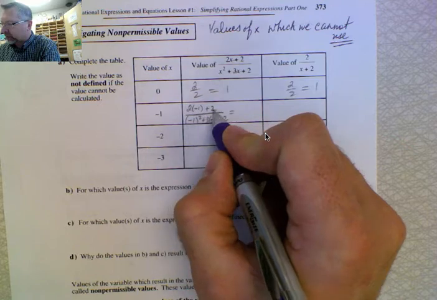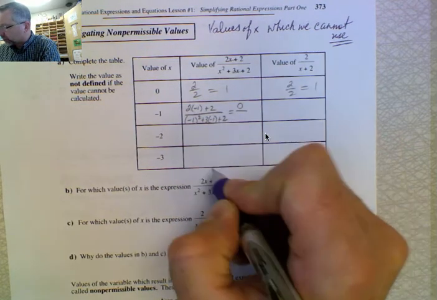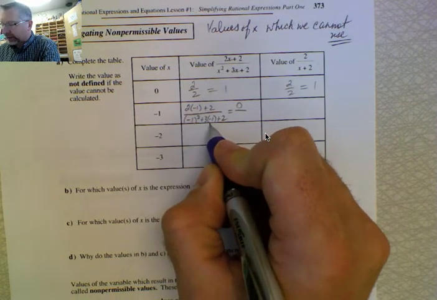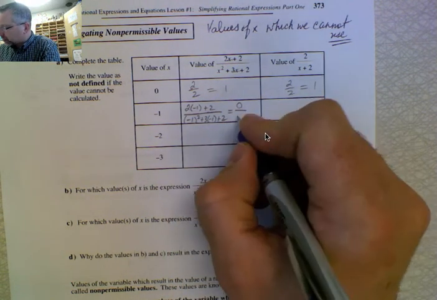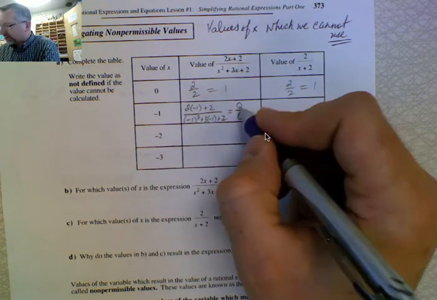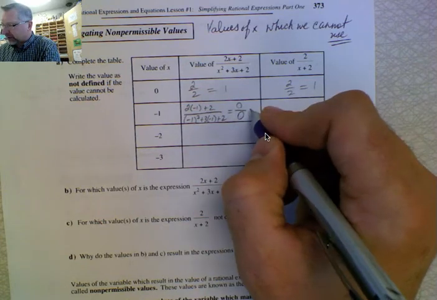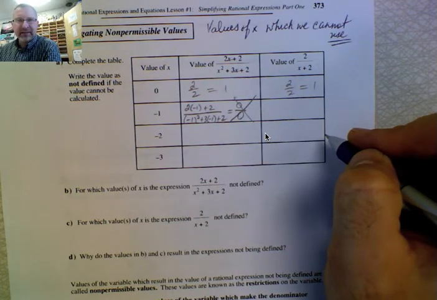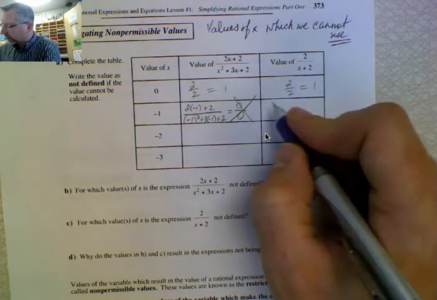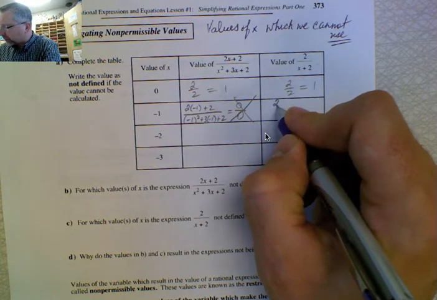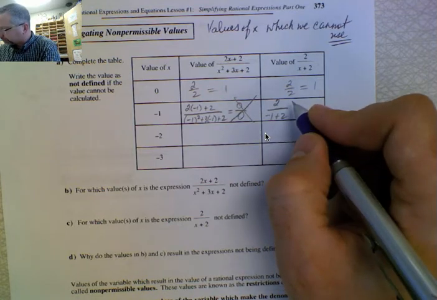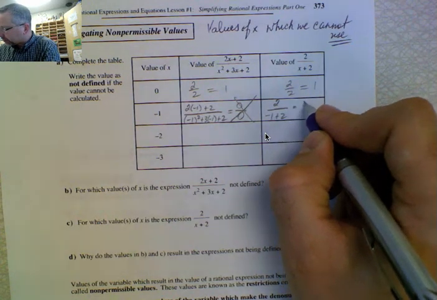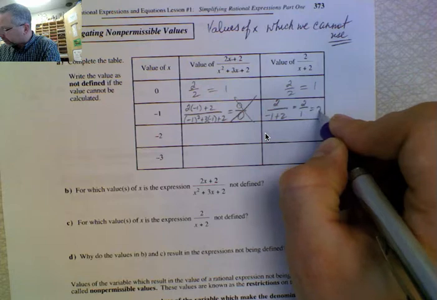Well, that's negative 2 plus 2, which is 0. This is 1 minus 3, which is negative 2, and negative 2 plus 2 is 0. Well, 0 divided by 0, that's undefined. I can't divide by 0, so that doesn't work. Let's look at what happens over here. If I go 2 divided by negative 1 plus 2, I get 2 divided by 1, which is 2.